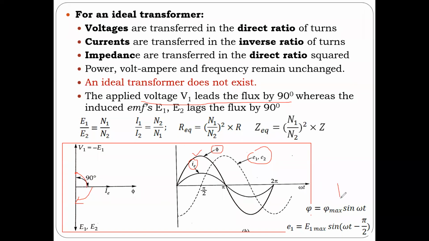If you take the flux as a sinusoidal wave of phase omega t, the phase of the induced voltages would lag by 90 degrees. What will be the phase of the current? It seems that it's going to be omega t, but it's normally slightly more than that.